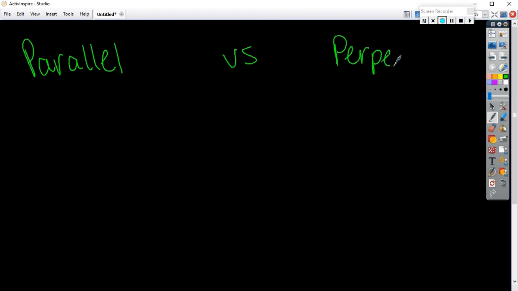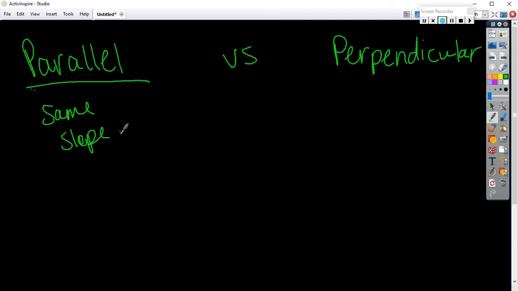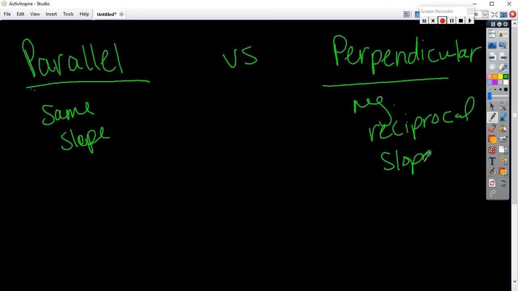Tell me this. What do you know about parallel lines? Exactly. Same slope. Perpendicular lines have negative reciprocal slope, which basically means take the slope, flip it, and change the sign.